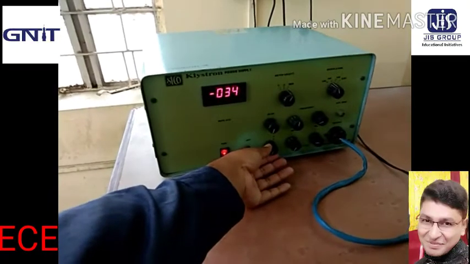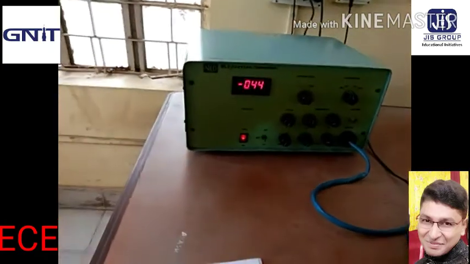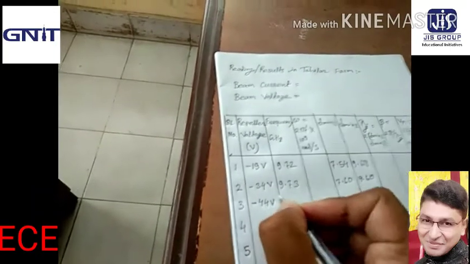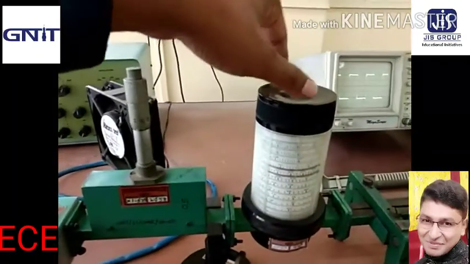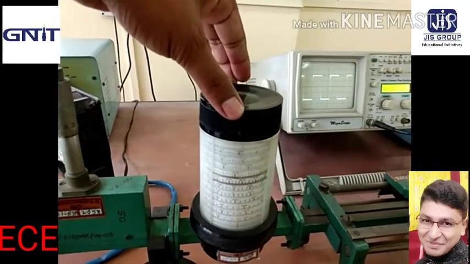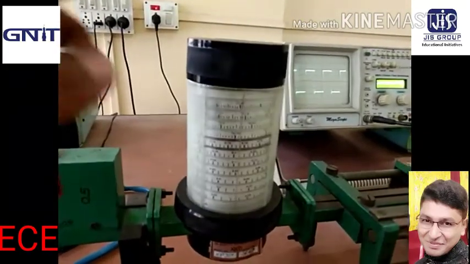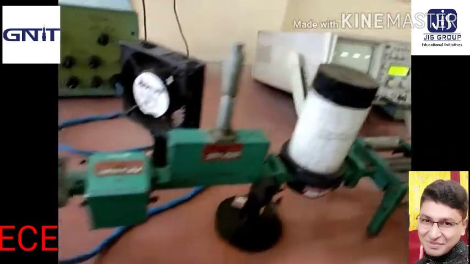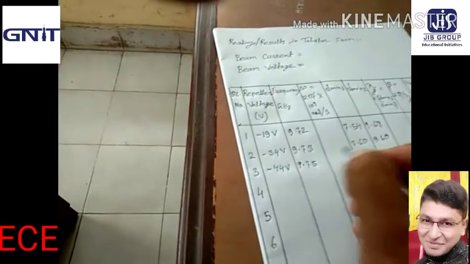Now vary the repeller voltage. This is the next peak value, that is minus 44 volt. Then the frequency. This is our frequency, 9.75 gigahertz.